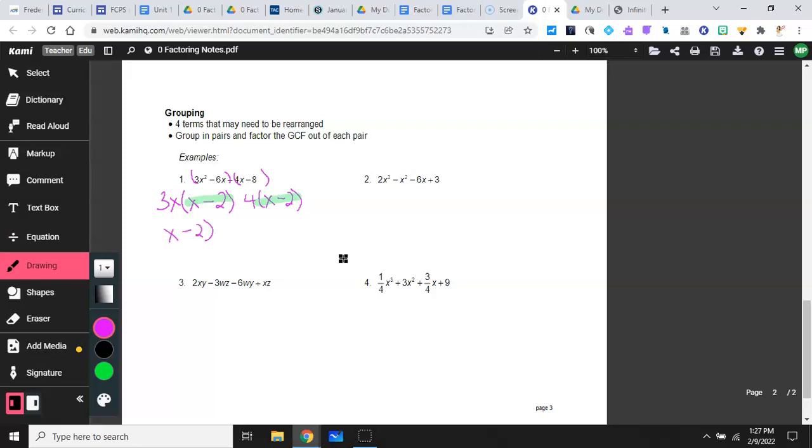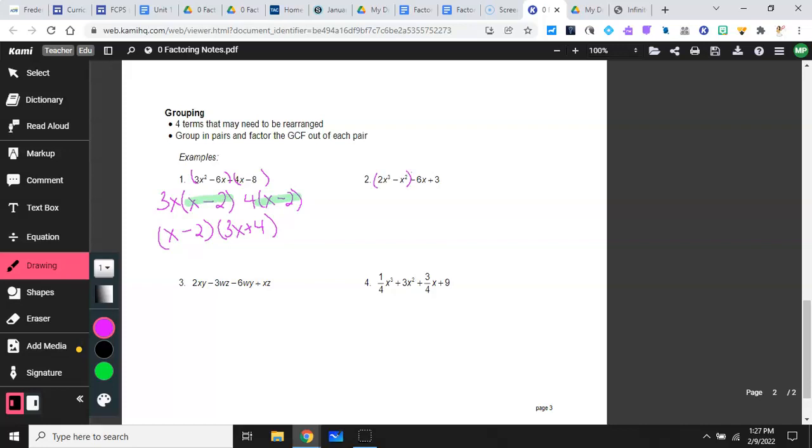So one of my factors is going to be x minus 2, and then the expressions up front create my next factor. So 3x plus 4 is what's in front. They come together to create our second factor. So if I were to multiply x minus 2 times 3x plus 4, I would get 3x squared minus 6x plus 4x minus 8.